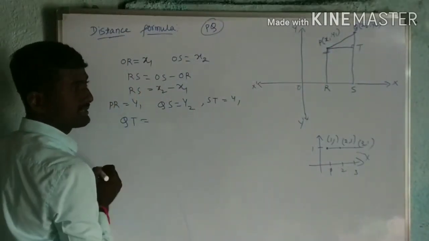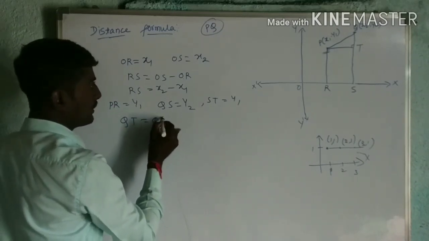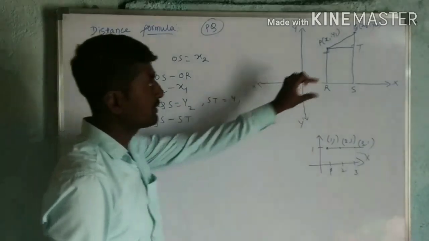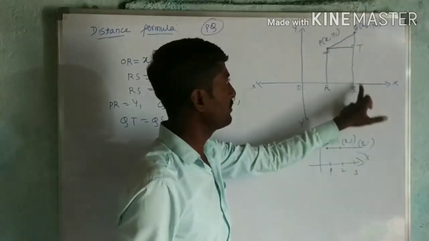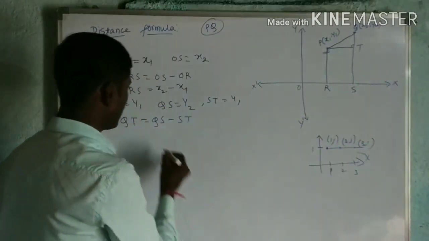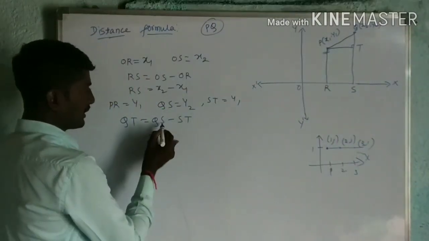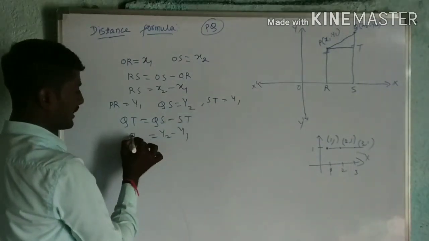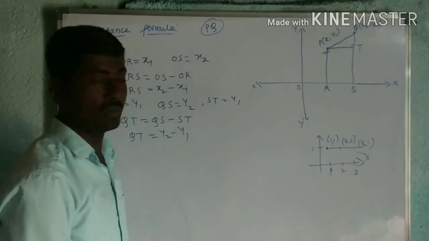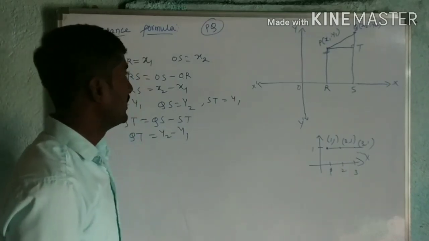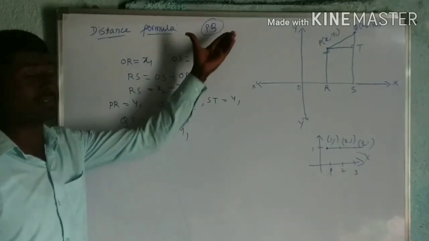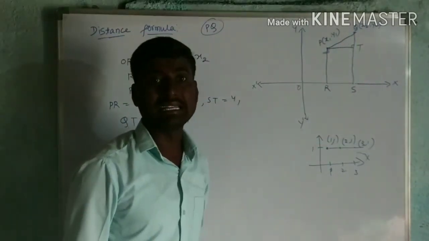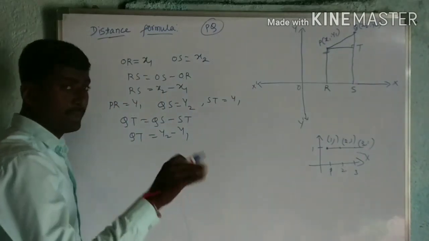Now what about QT? QT can be written as QS minus ST. QS I have taken as y2, minus ST which I have taken as y1. So QT is equal to y2 minus y1. Now I am going to find the distance PQ. Since QTP is a right angle triangle, I can apply the Pythagoras theorem.